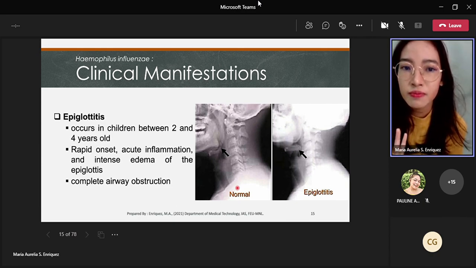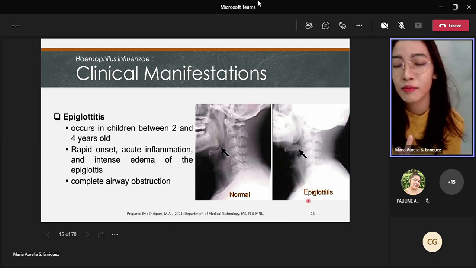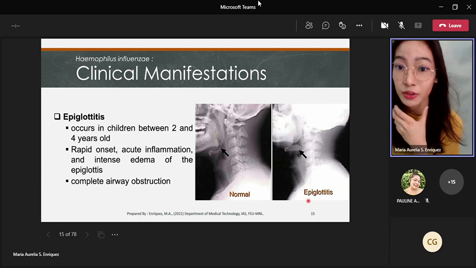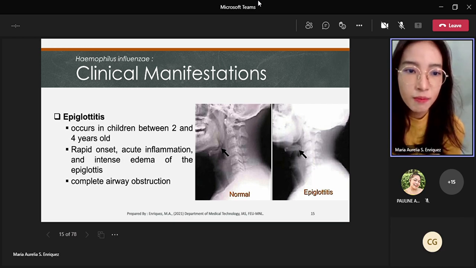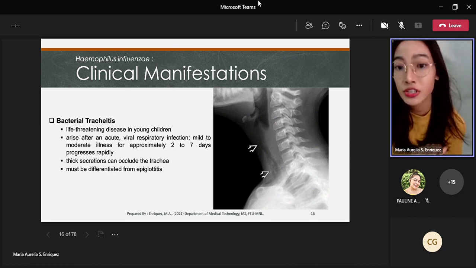Okay? So, both radiographs, we can see na normal naman po yung trachea ng pasyente. Ang problema lang po is swollen yung epiglottis ng pasyente. So, ayan po, normal trachea is unobstructed, and ayan po, i-compare natin siya dun sa next disease. So, bacterial tracheitis.